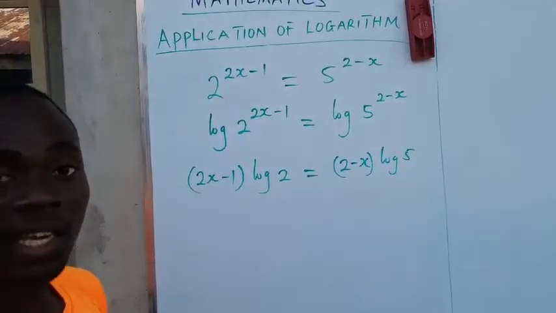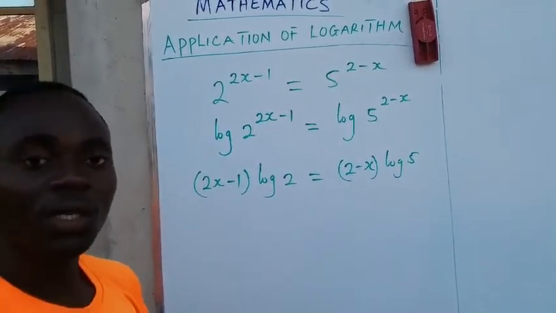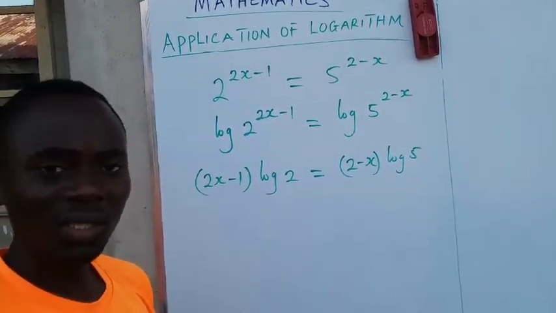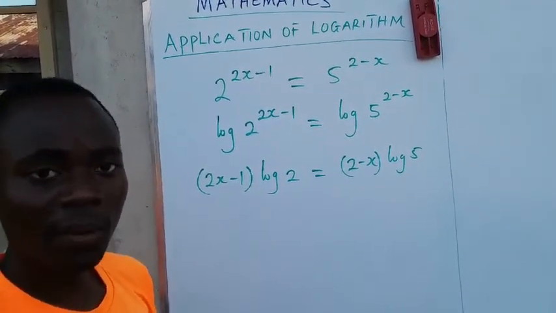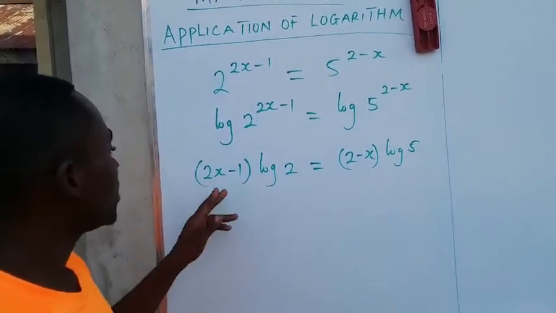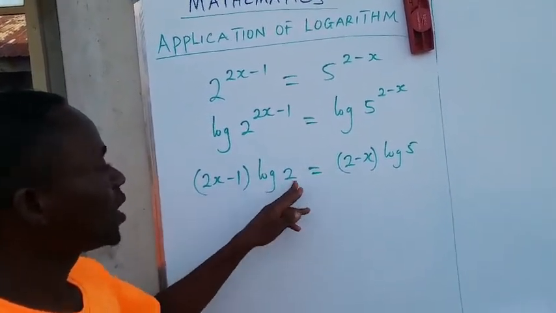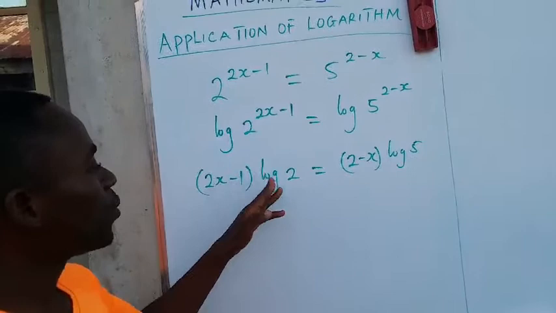When I say into, I mean multiplication. Into is another way of saying multiply by or times. So if I say 2x minus 1 into logarithm of 2, I mean 2x minus 1 multiplied by logarithm of 2.